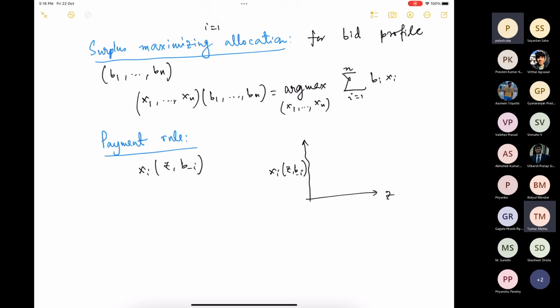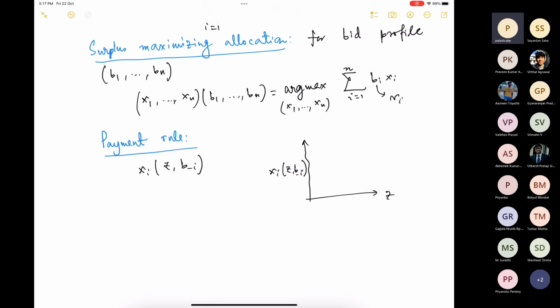Sir, I have a confusion regarding Bi. If we have assumed that the process is DSIC, then why aren't we using vi instead of bi? Oh, here we can use vi also. Here I can write vi also. That is also fine. But vi's are constant, right?